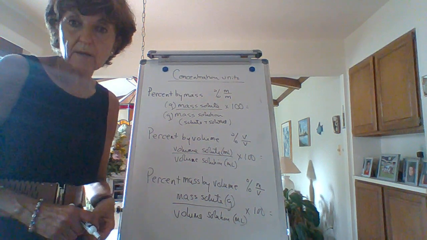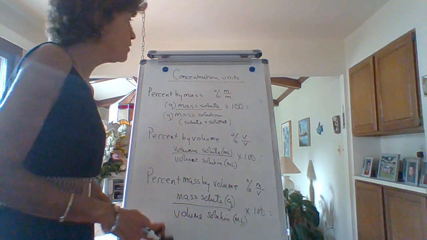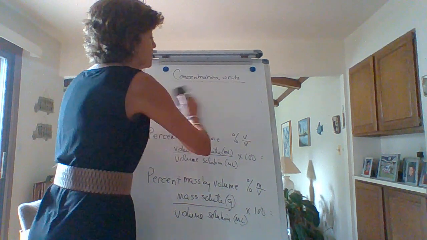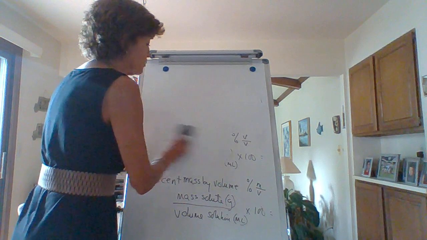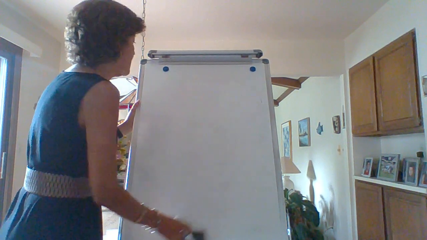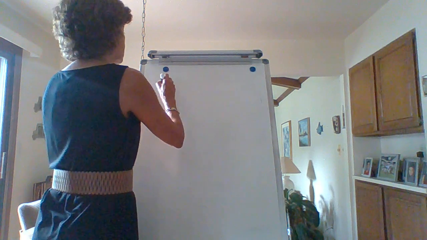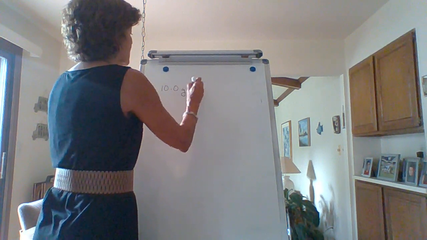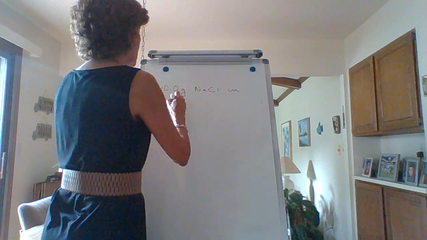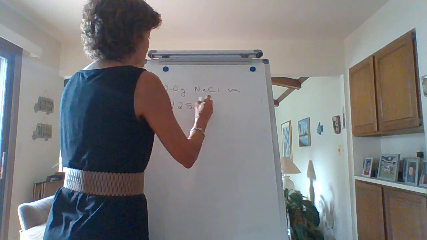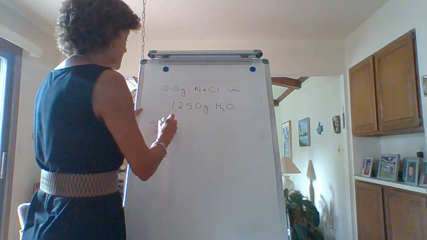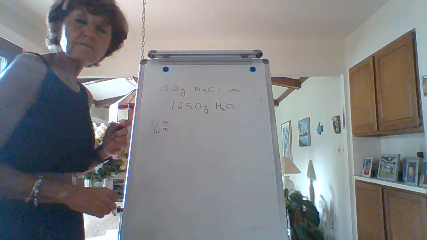Let's do some examples of how you get these three different types of concentration units. All right, so let's say I told you guys that you have a solution that contains 10 grams of sodium chloride in 125 grams of water. And I ask you, what is the percent by mass?